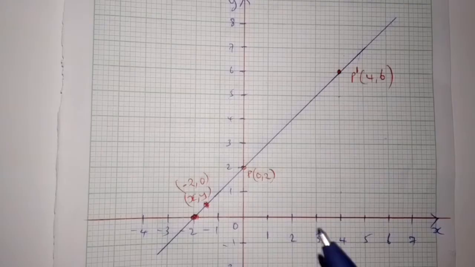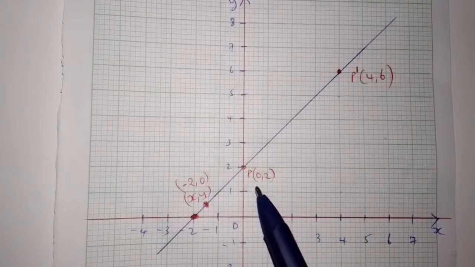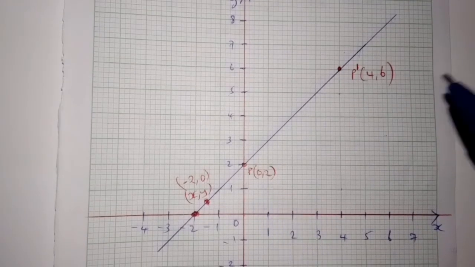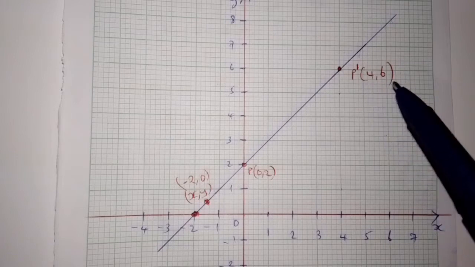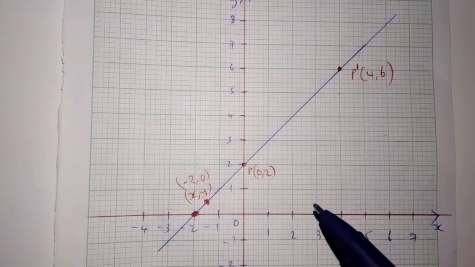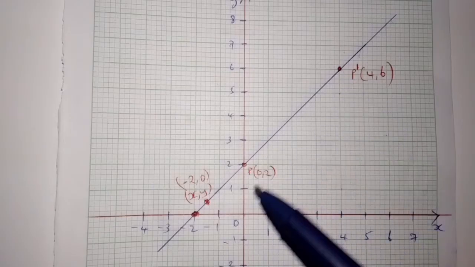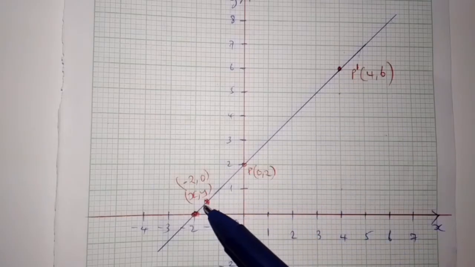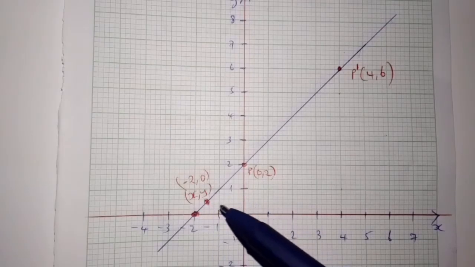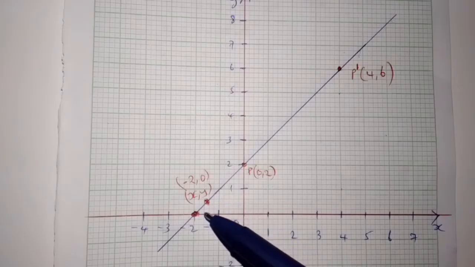So we are having our point P(0, 2), P prime (4, 6). So we want to find the center of enlargement. Let us say that the center of enlargement is (x, y).